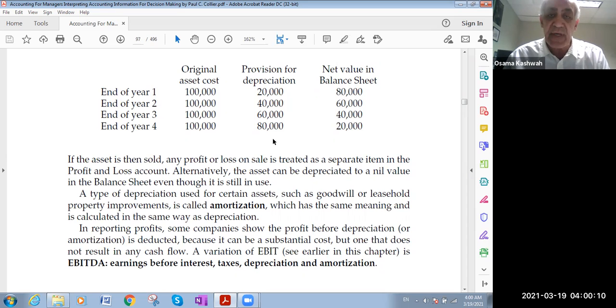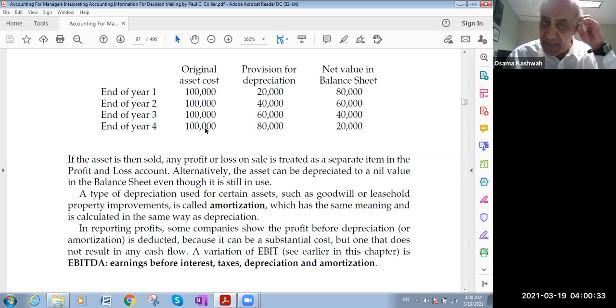Then every year we will deduct 20,000. The second year accumulated depreciation will be 40, so 100 minus 40 will be 60. Third year, 100 minus 60, the value will be 40. And the fourth year the accumulated depreciation will be 80.